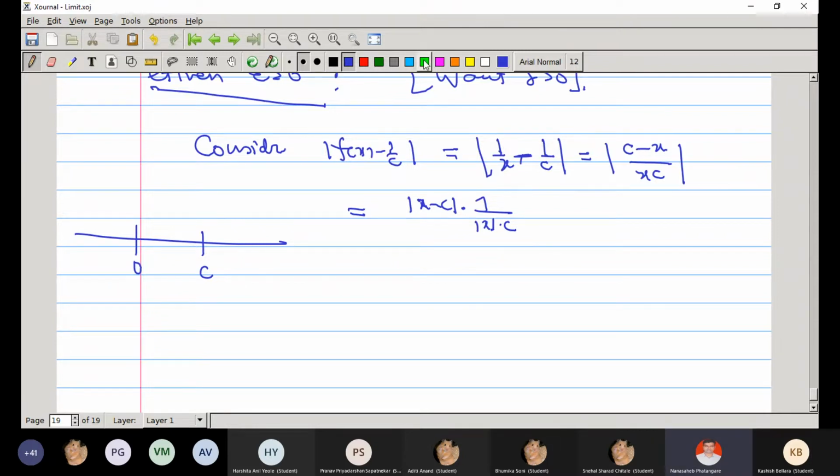If 1 upon xc is less than some m, then |x minus c| into m can be made less than epsilon, so that |x minus c| is less than epsilon upon m. From that I can guess my delta.